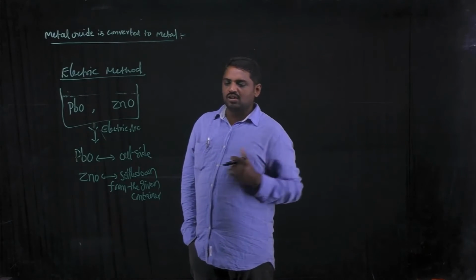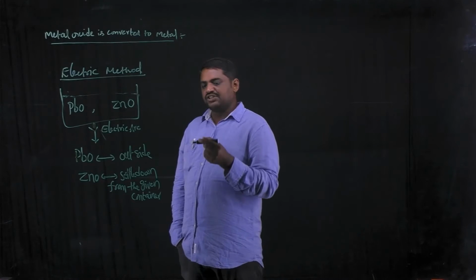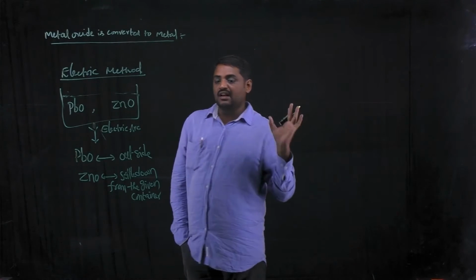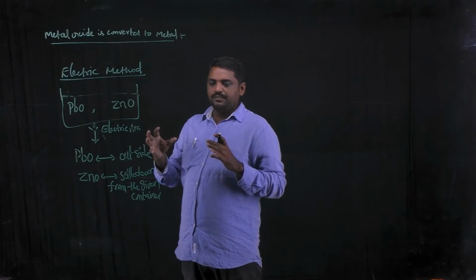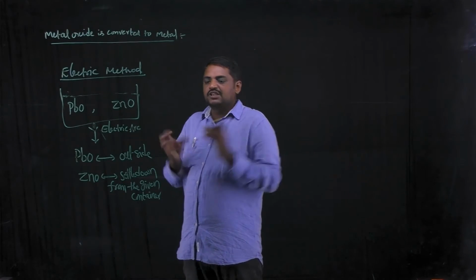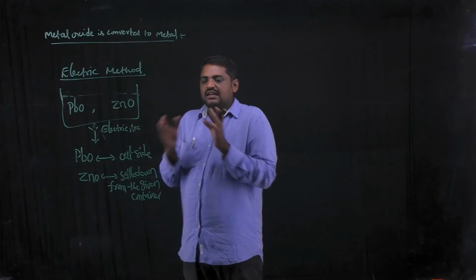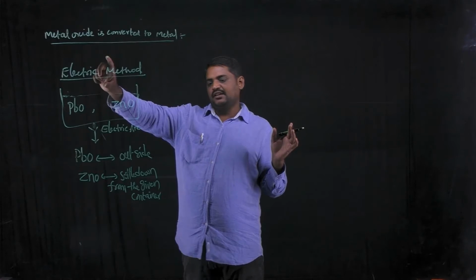So this method is used. First advantage is this method is used to separate two metal oxides. So this container contains lead oxide and zinc oxide, both mixed with one another, but these two metal oxides are separated by using this electric method.